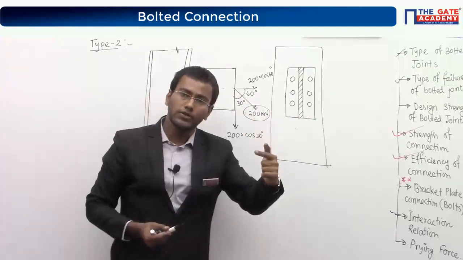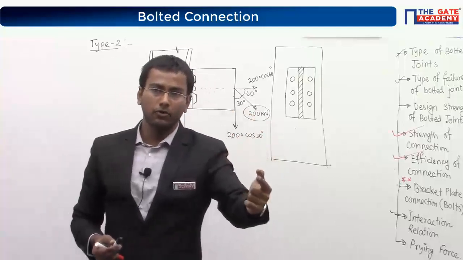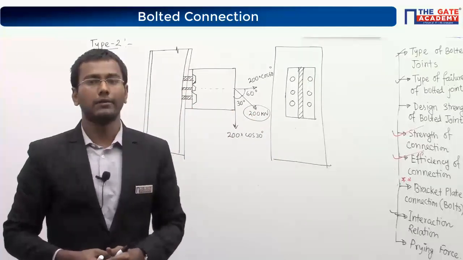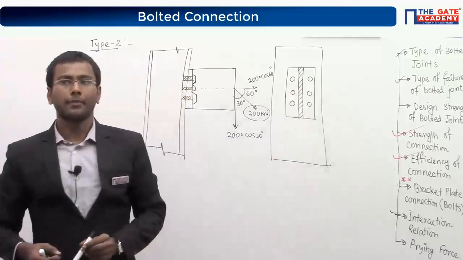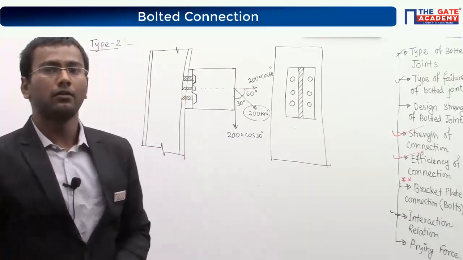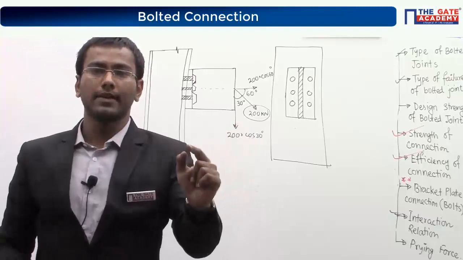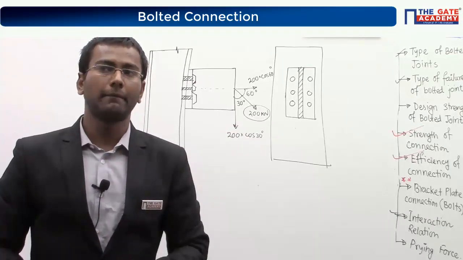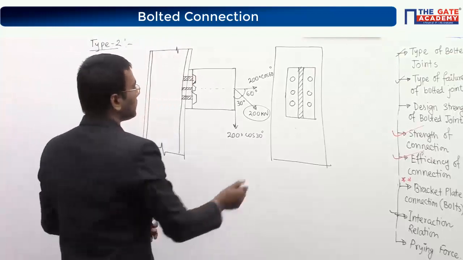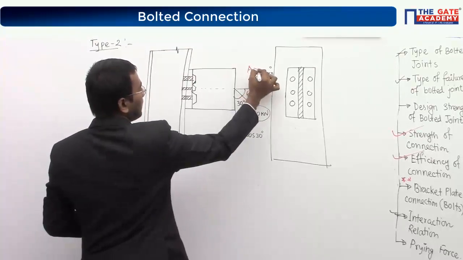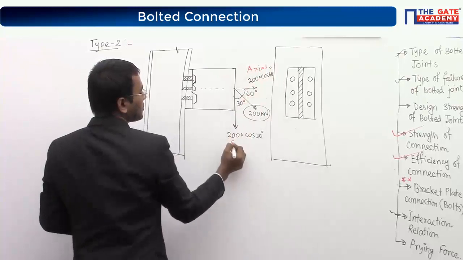So what type of force is it? Axial force or shear force? Tell me. For the horizontal component, is it axial or shear? Yeah, correct, Anshu. It will be axial. So this is nothing but your axial, and this is nothing but shear.